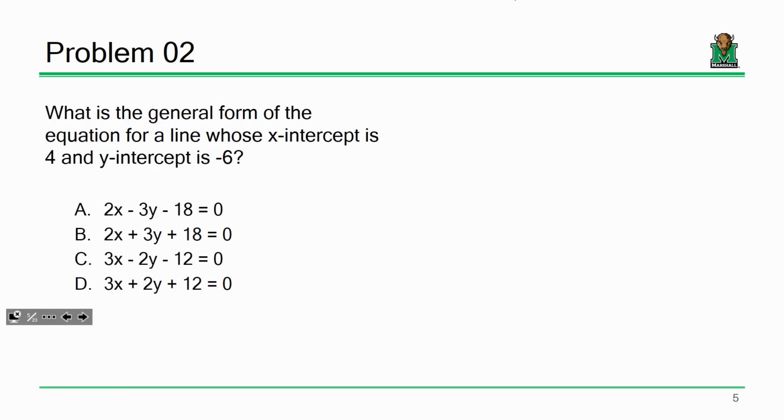What were the 2 points that we were given? There we go. So (4, 0) and (0, -6). Sound good? All right. So what can we do with those 2 points? We can determine what?